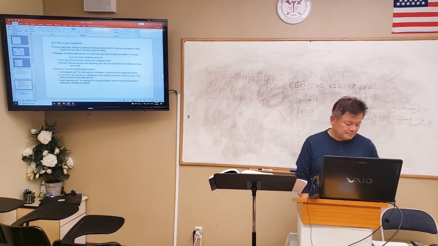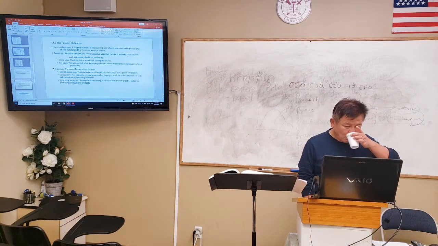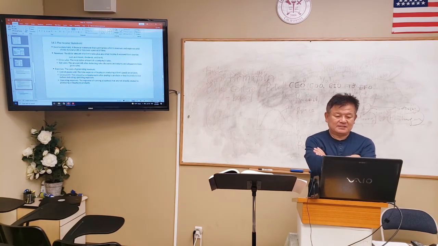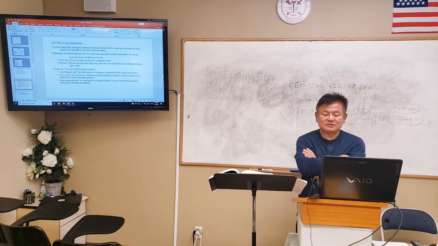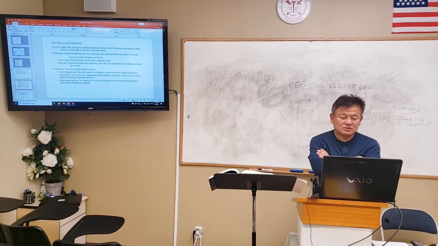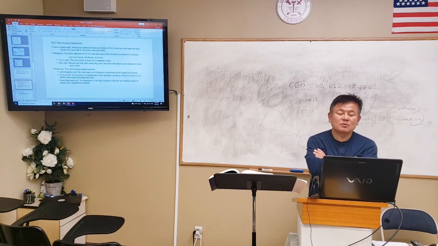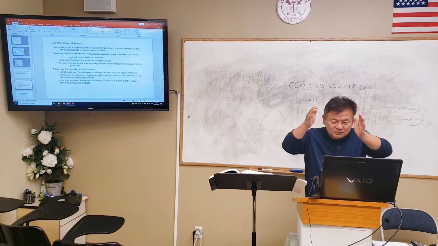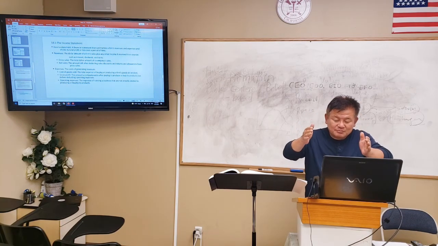Income statement. An income statement is a financial statement that summarizes a firm's revenues and expenses, and also shows the total profit or loss over a period of time. It means last year.